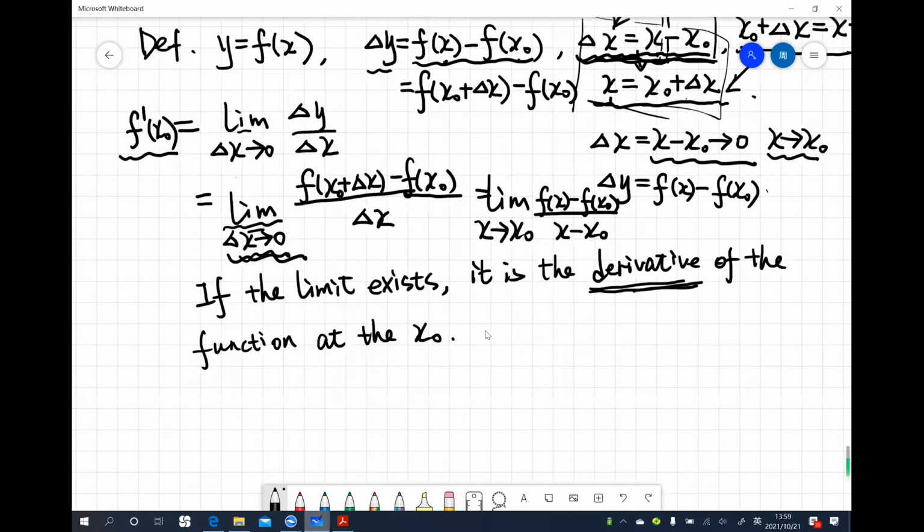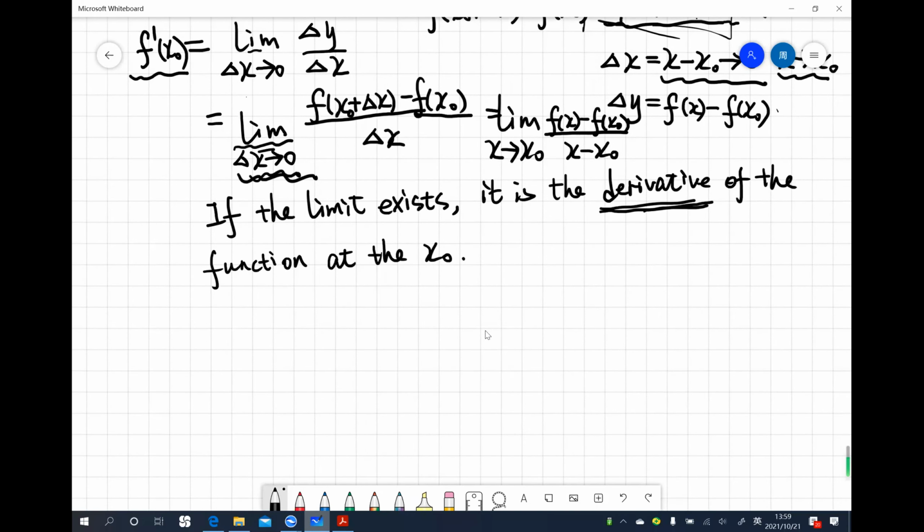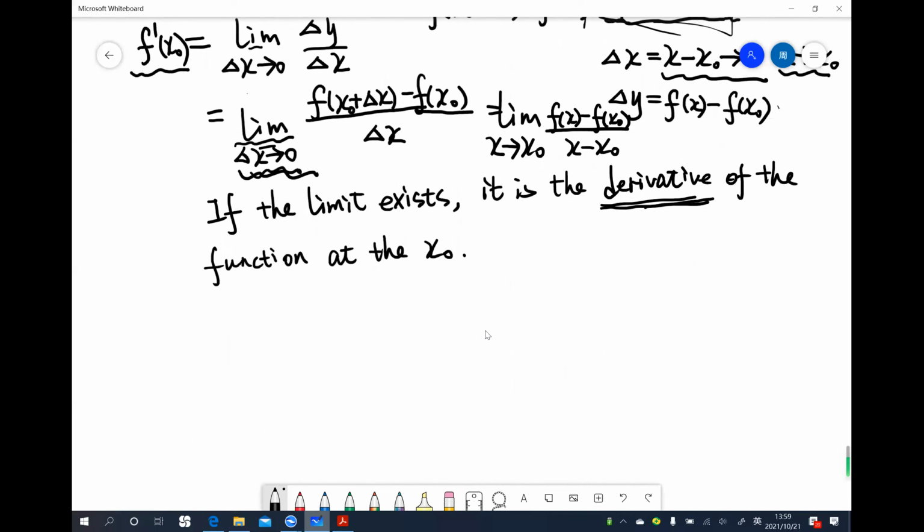So here I will write the expression of the derivative again, that is f prime x0.